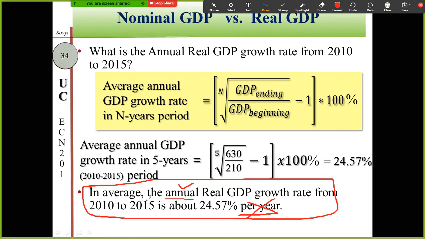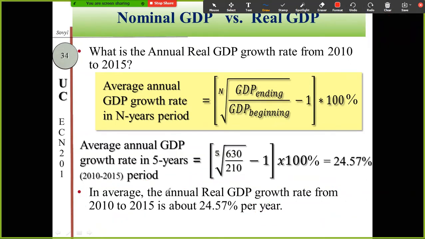That's why in average the annual real GDP growth rate from 2010 to 2015 is about 24.6%, not per year. But if you don't want to use annual, okay, per year is correct. As I mentioned, if you use annual, don't use per year.